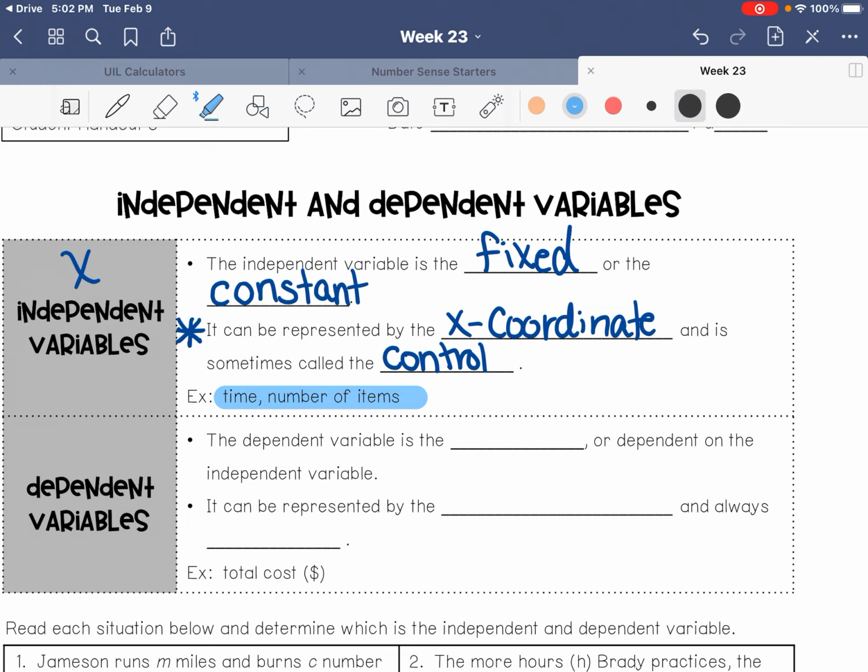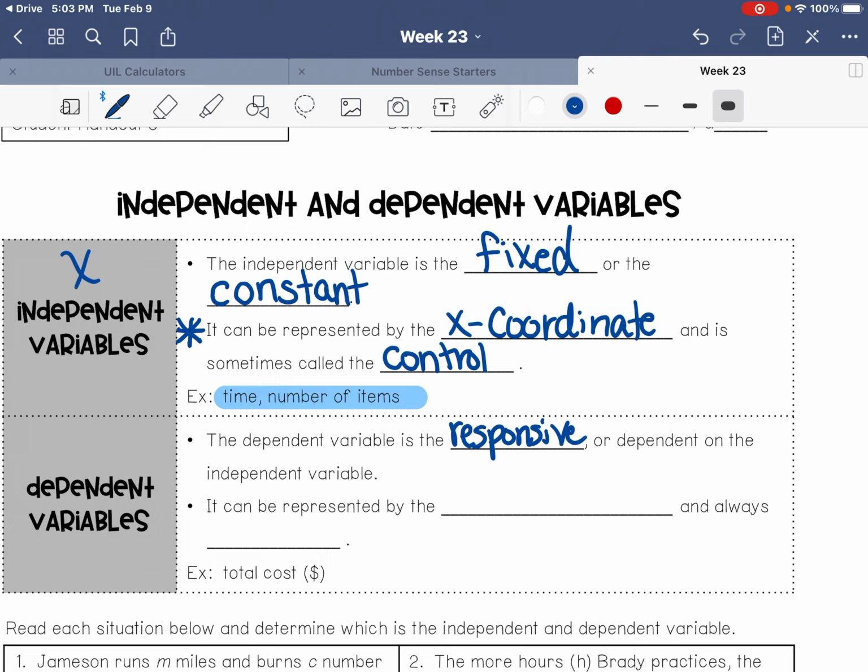All right, so the independent variable is the thing that controls what happens to what we call the dependent variable. The dependent variable is the responsive one, or dependent on the independent variable.